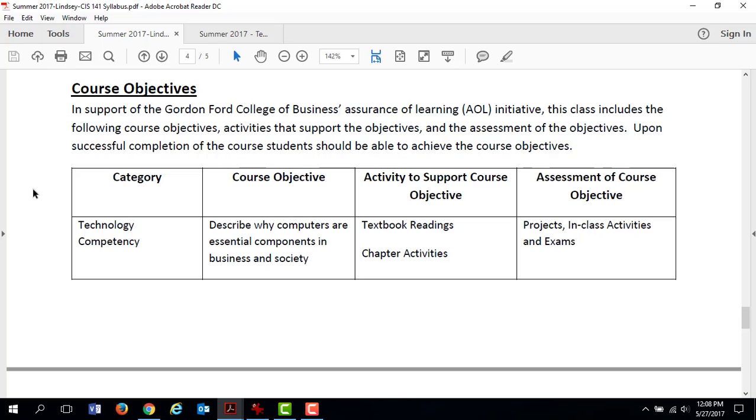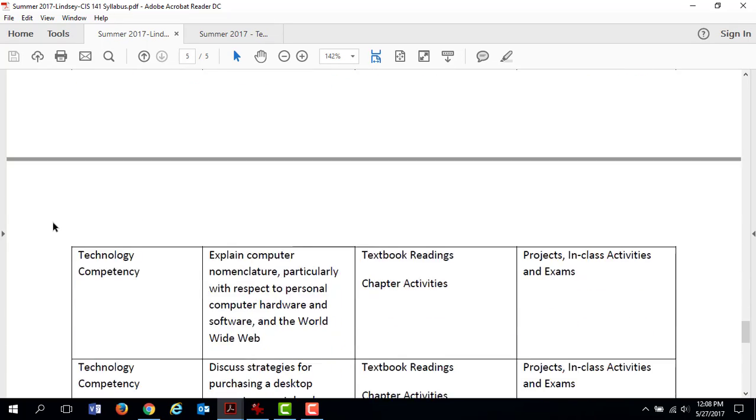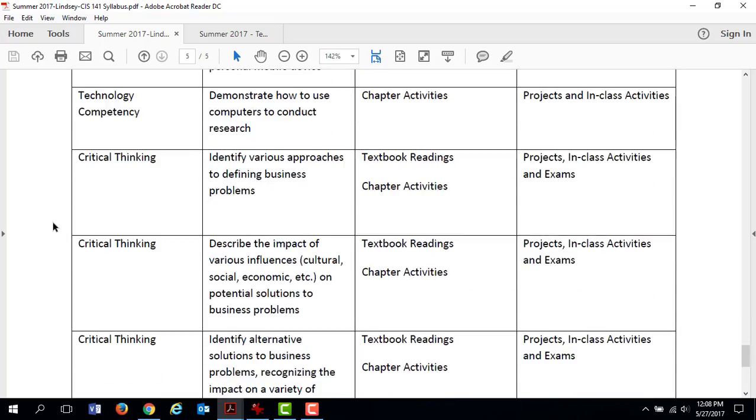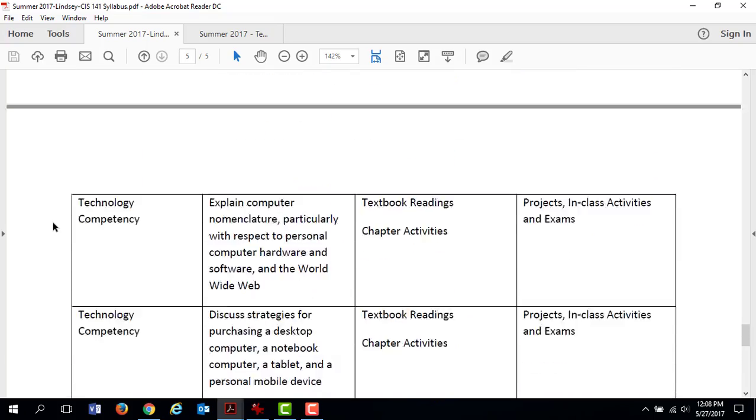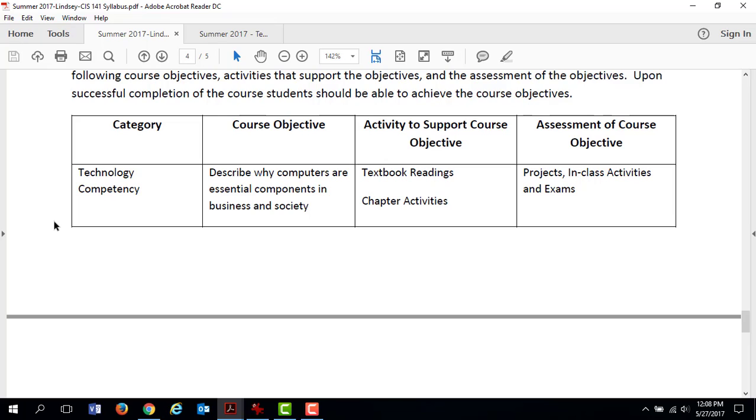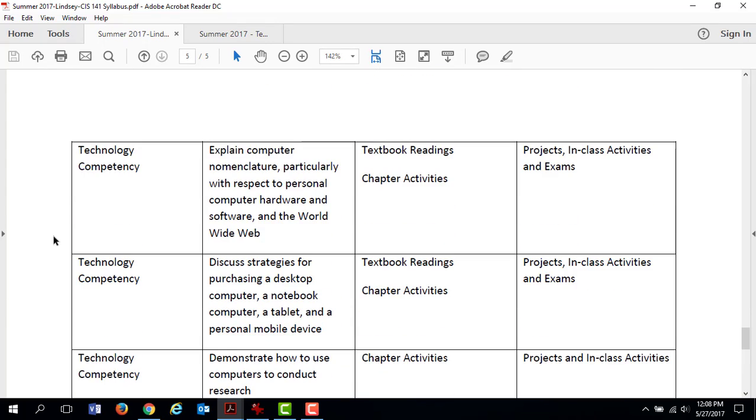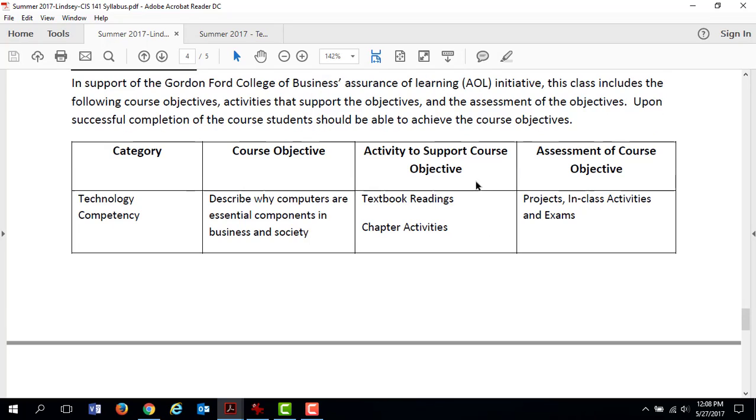The Gordon Ford College of Business has several different objectives that we would like to achieve, and you can see them listed on the pages here. This particular class is given responsibility for these particular objectives, and the activities you see listed over on the right are the things that we think are going to help you as students achieve those objectives.